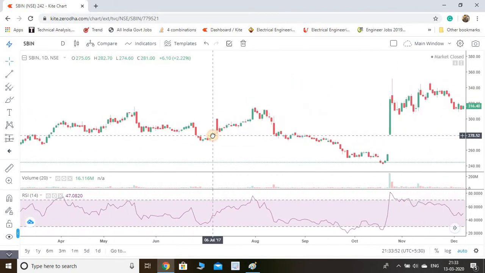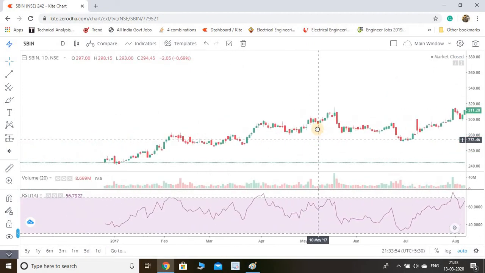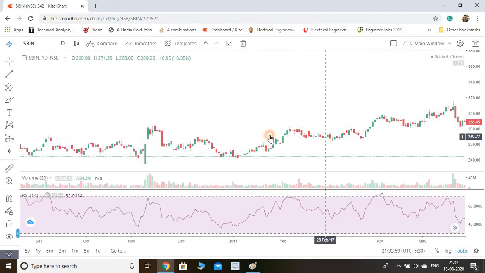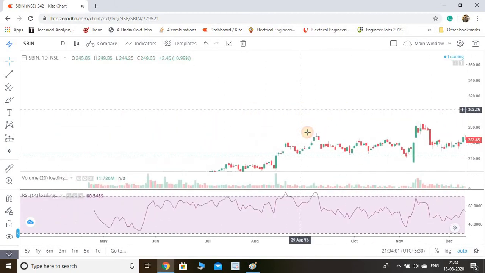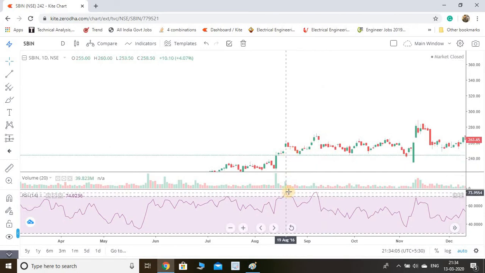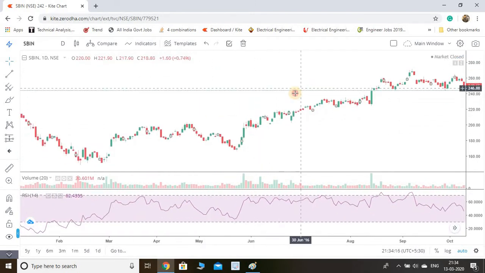Let's find another one. Okay, this may be a similar situation. This is 73.95. No, here the RSI is higher than at this high, so cancel.